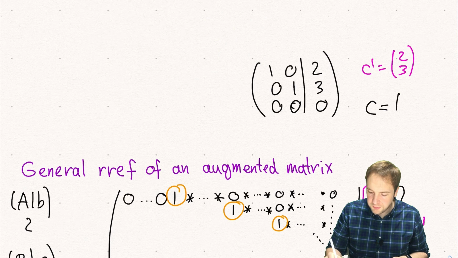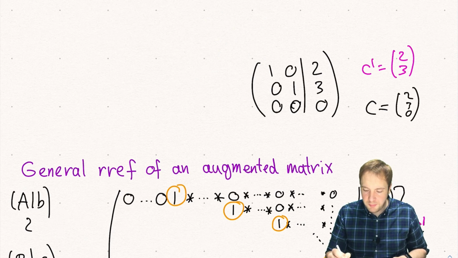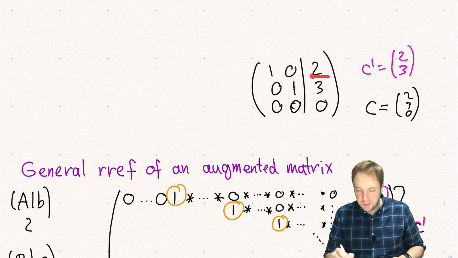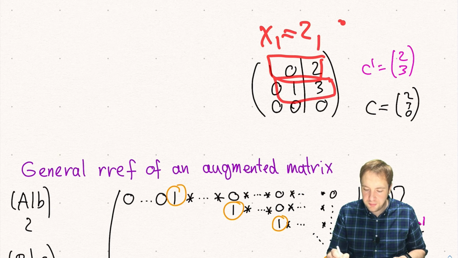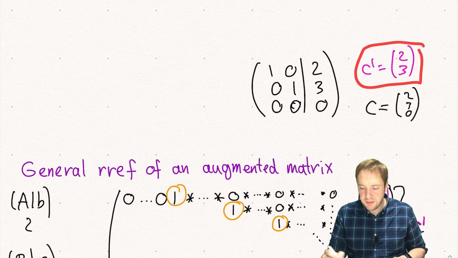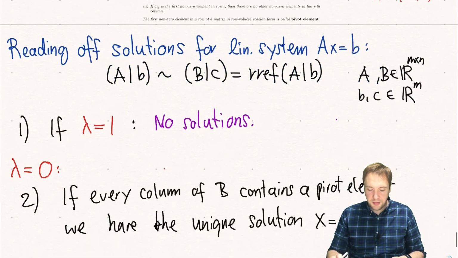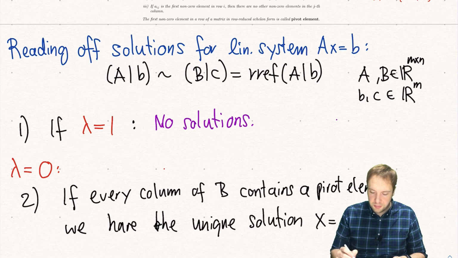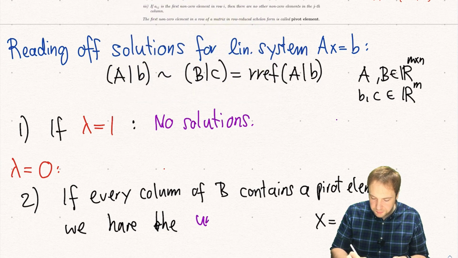So C in this case is 2, 3, 0. If we think about the corresponding solution equations, then this row reads x1 equals 2, and this row reads x2 equals 3. Therefore the solution is exactly given by what is left here on the right hand side. This is why in this case we have a unique solution.